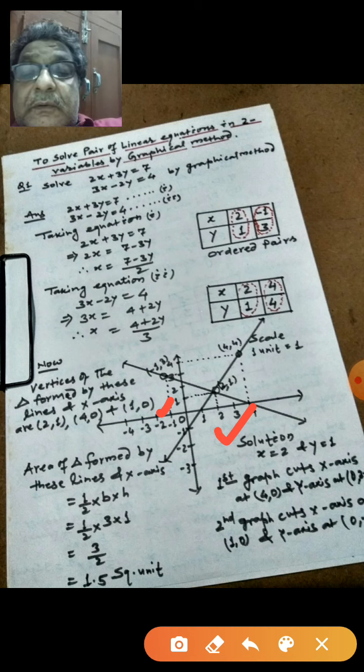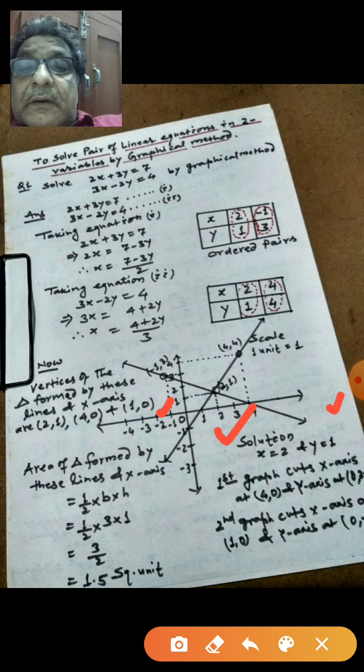So our solution is x equals 2 and y equals 1. This solution we have obtained by drawing the graphs for the given pair of equations. This is called the graphical method, or solving the given pair of equations graphically.